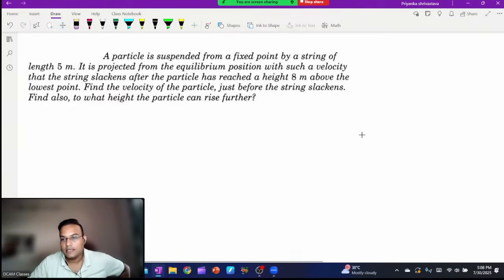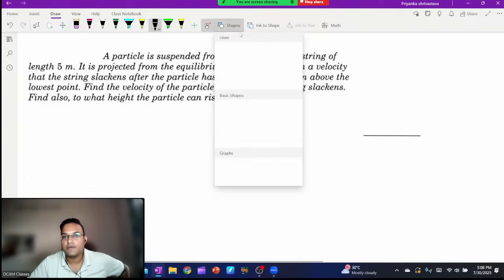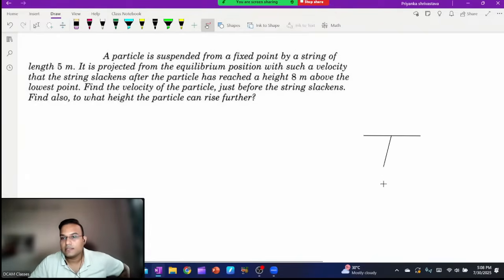See, the situation is: a particle is suspended from a fixed point by a string of length 5 meter. This is how the particle is suspended. The length is 5 meter. It is projected from the equilibrium position. Obviously this is the equilibrium position, right?